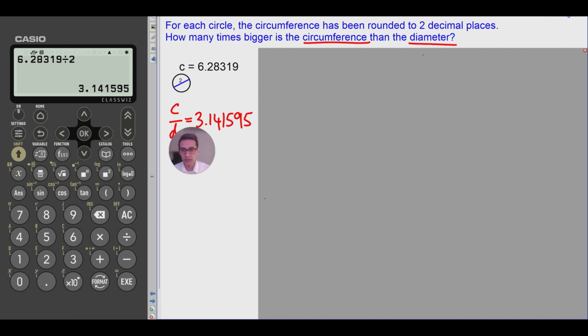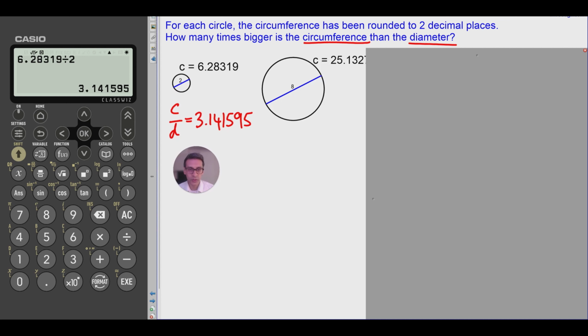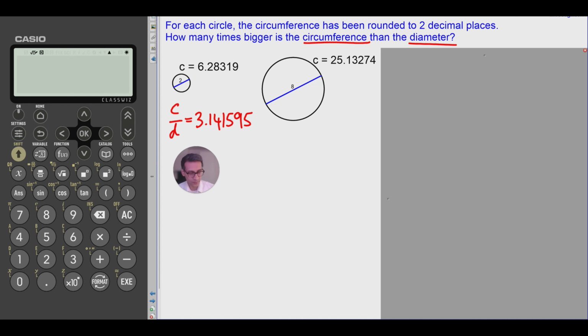So for the second circle, we've got 25.13274 divided by 8. And you can see we actually end up with the same number. So the circumference divided by the diameter of this circle is 3.141595.